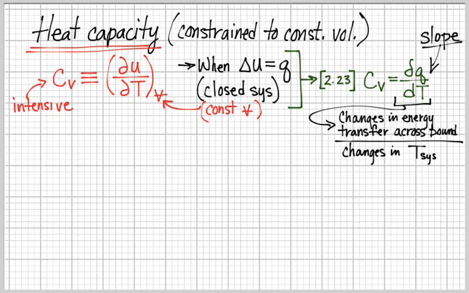So I'm going to have dq over dT as the measured way of describing the volume constrained heat capacity. And I'm reflecting changes in energy transfer across the boundary per change in the temperature of the system. What you'll see in looking at your figures in the textbook right next to this equation is that we're actually describing a slope.